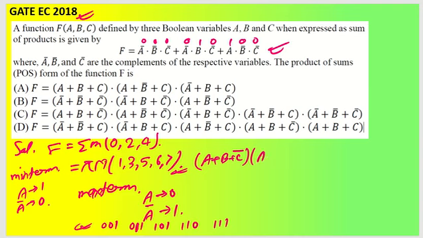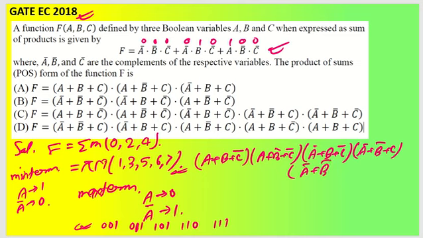So it will be a plus b plus c bar. Then next term is a plus b bar plus c bar, and next term is a bar plus b plus c bar, and next term is a bar plus b bar plus c bar. So total 5 terms are there. So you can see first two are already gone, only the last two are remaining. So last two you can see we have a bar plus b bar plus c bar. So c is the answer. Okay, got it.